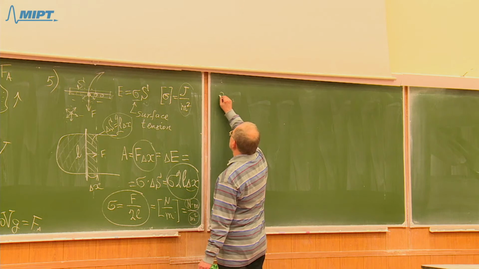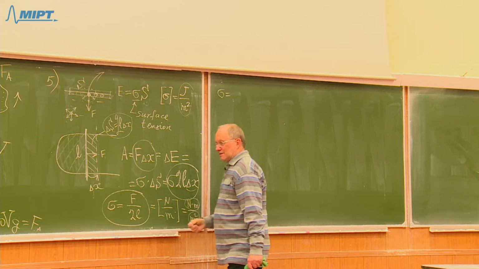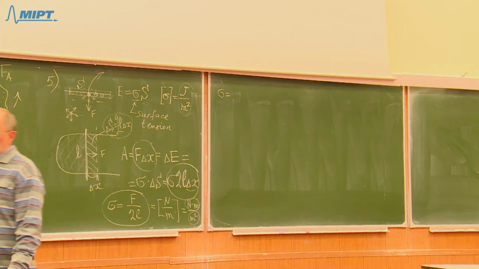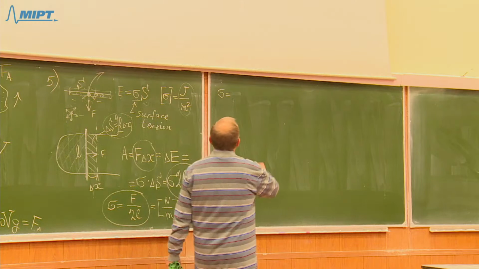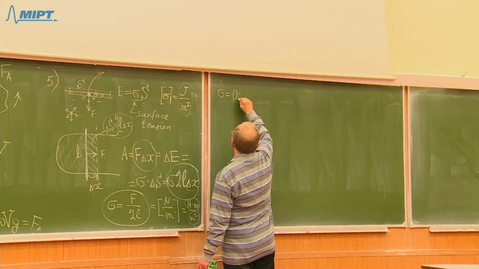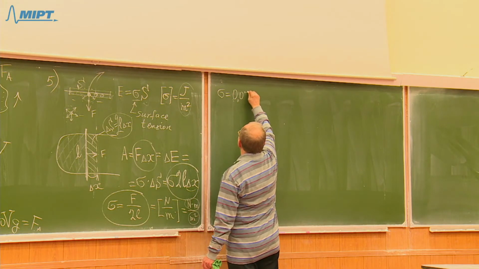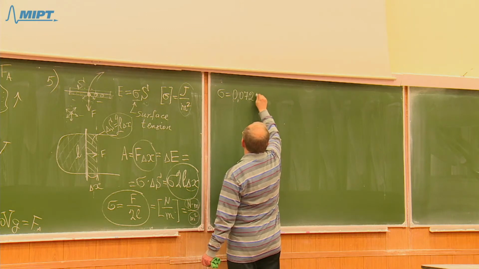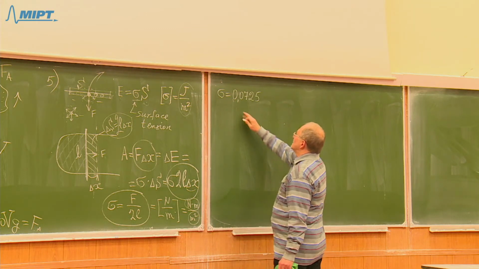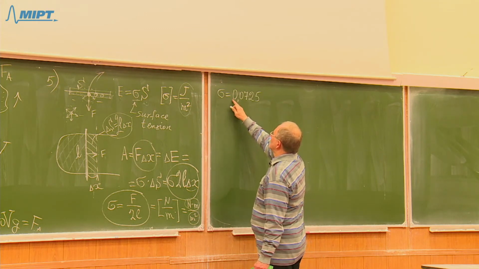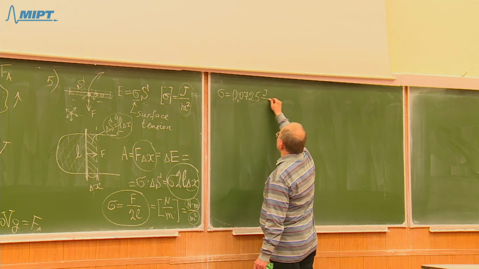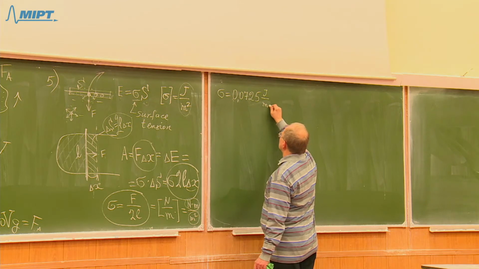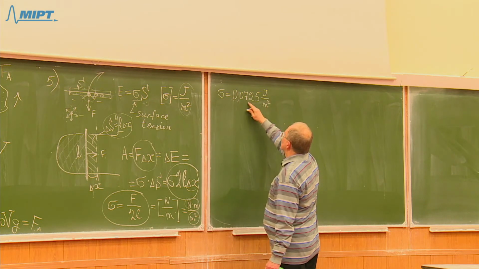First of all, I will give you a measured quantity of sigma for water. If we take pure water, then in the international system, this surface energy of water has this amount, in joules per meter squared.